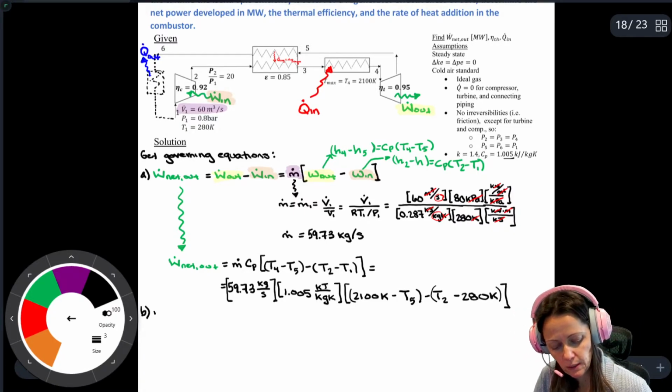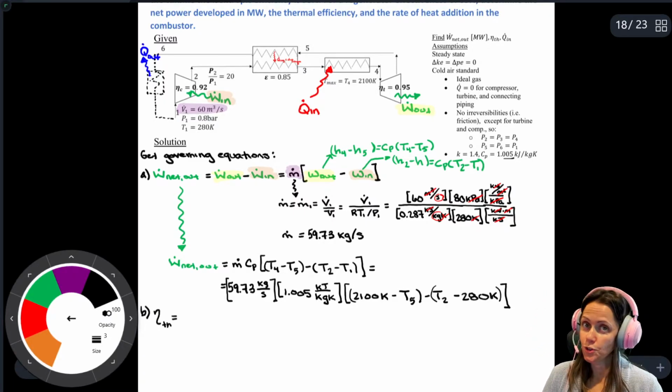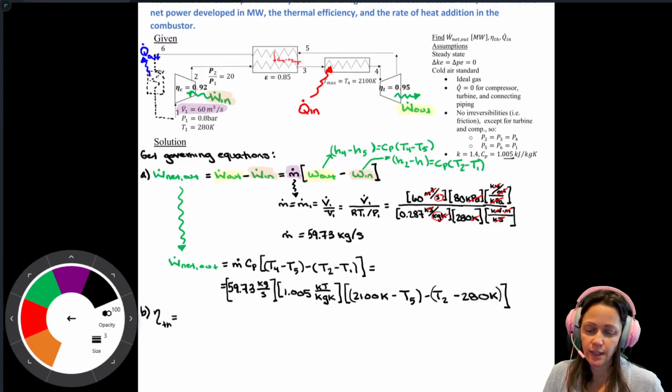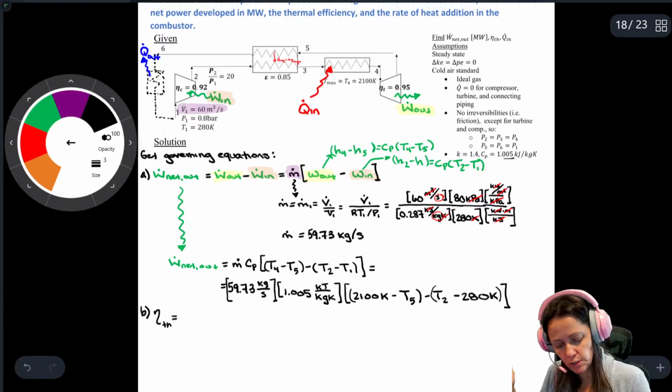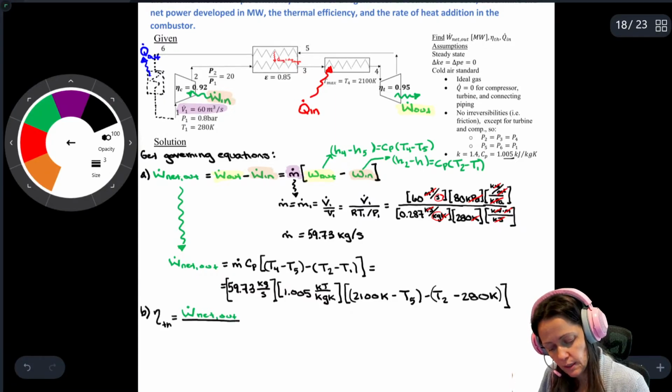So I can put him in terms of W dot net out and Q dot in. I've got to calculate Q dot in anyway, or I could put it in terms of Q dot out and Q dot in. It really doesn't matter, I guess. Maybe I'll make things a little bit easier on myself and just put it in terms of W dot net out and Q dot in.